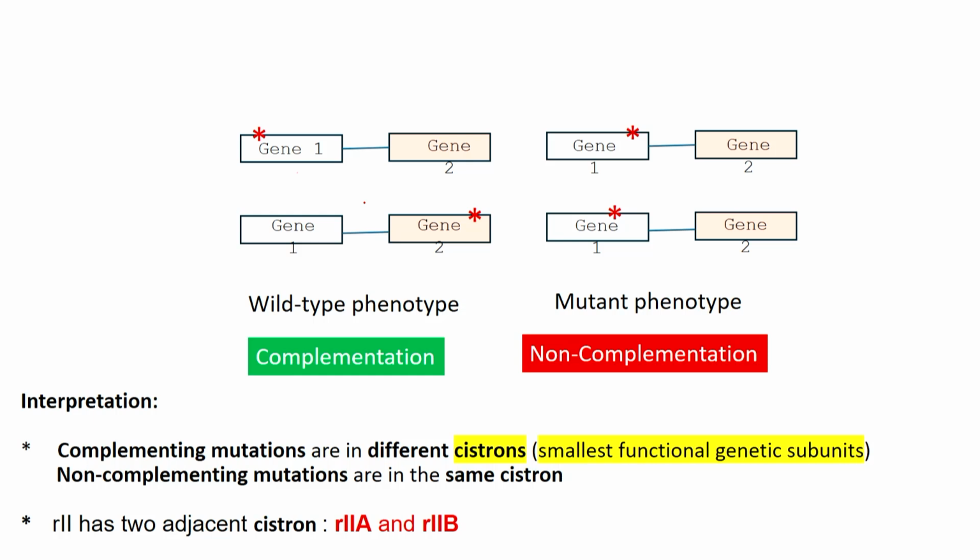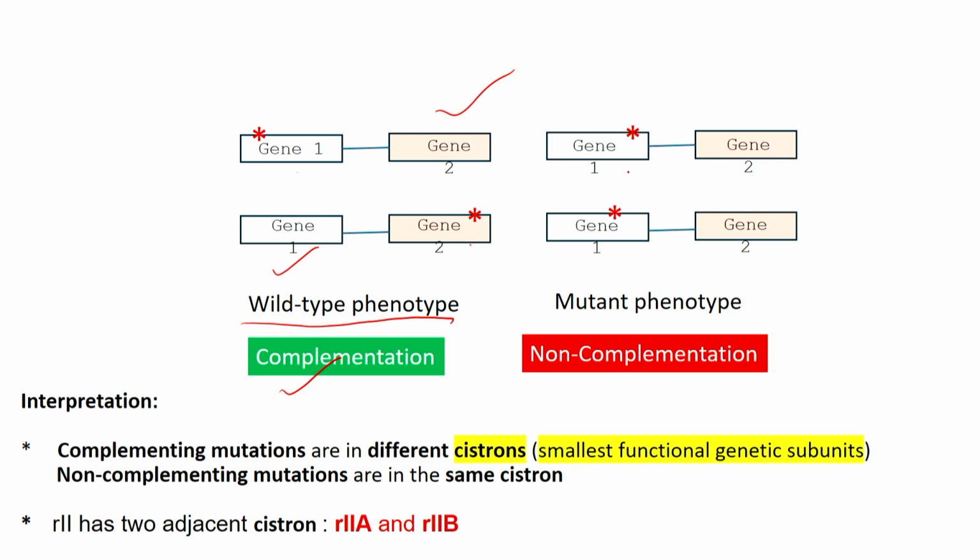by saying if you have gene 1 and mutation in one gene and another mutation in gene 2, right, then you have one wild type copy of gene 1 here and wild type copy of gene 2 there. And then if that happens, then your phenotype will be wild type and we call it complementation.